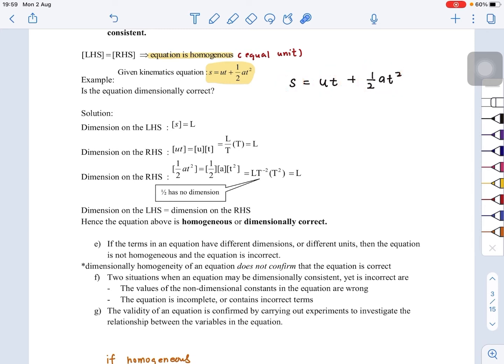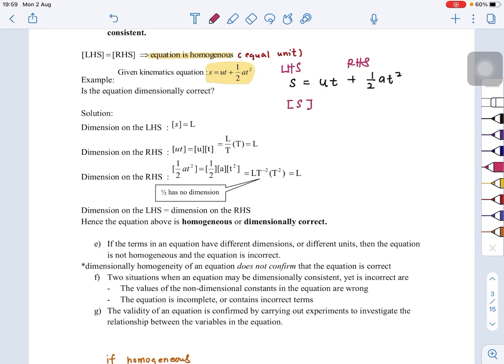So ni adalah left hand side, ni adalah right hand side. So mesti samalah dimension dekat sini dengan dekat sini. So kita tengok satu persatu.